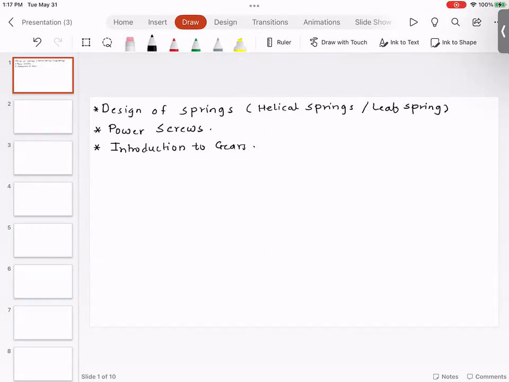Okay, with that, I'm going to start with what we discussed in last class. First and foremost, for a helical spring design, does anyone remember the important equations that we discussed in last class?